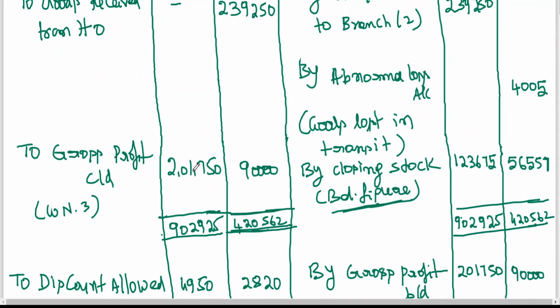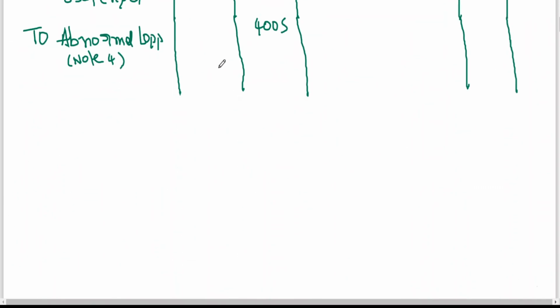So if you take the unsold stock profit, profit is overvalued. Which office profit is overvalued? Head office profit is overvalued. The sending goods profit is overvalued. So therefore we should remove the profit. That is why it is being called unrealized profit.